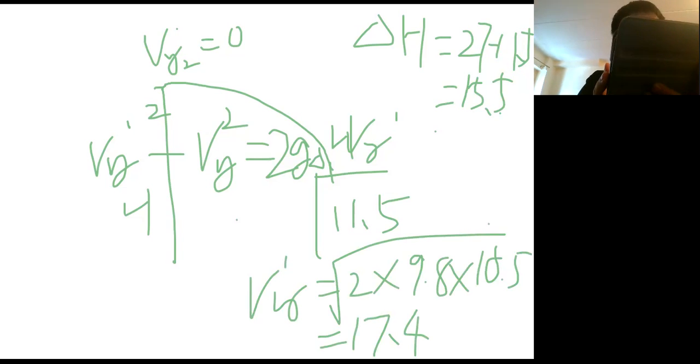I think that's all for this question, and let's go over the solution with the questions over there. The first question is how much time does the ball spend in the air before landing on the roof?